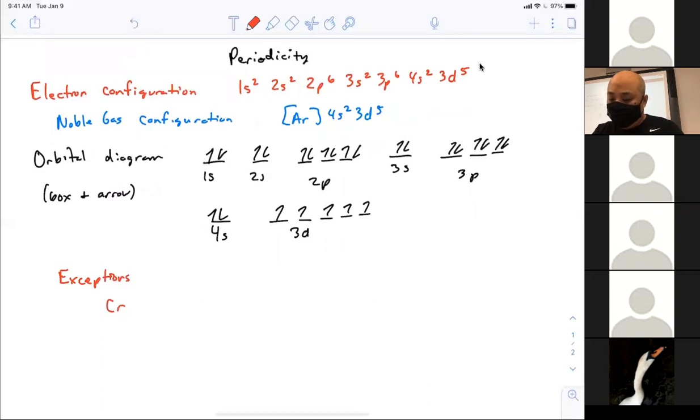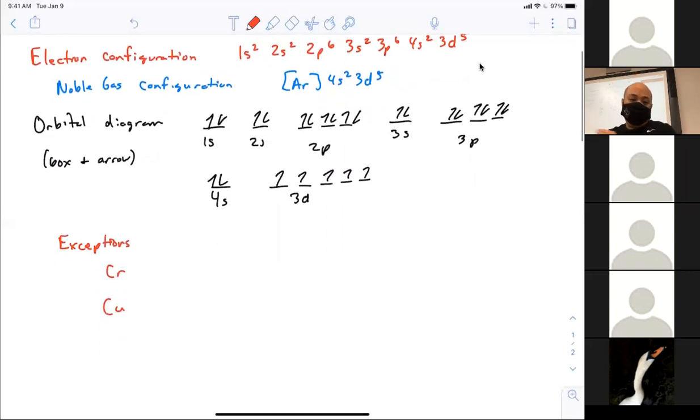And that's chromium and copper. Okay. Chromium and copper move an electron out of the 4s into the 3d so that both sublevels can either be half full or full to increase stability. And so chromium, you would usually think, is Ar 4s2 3d4.